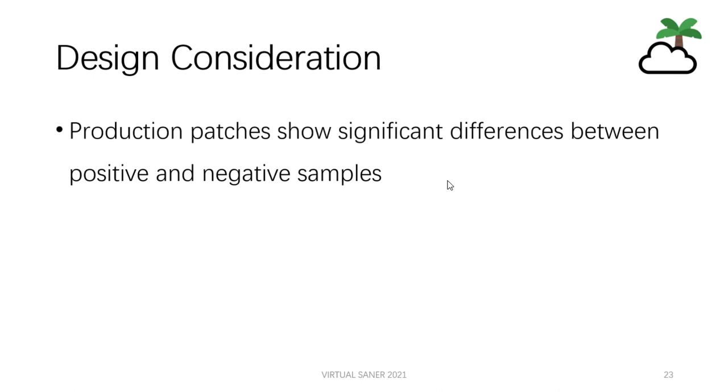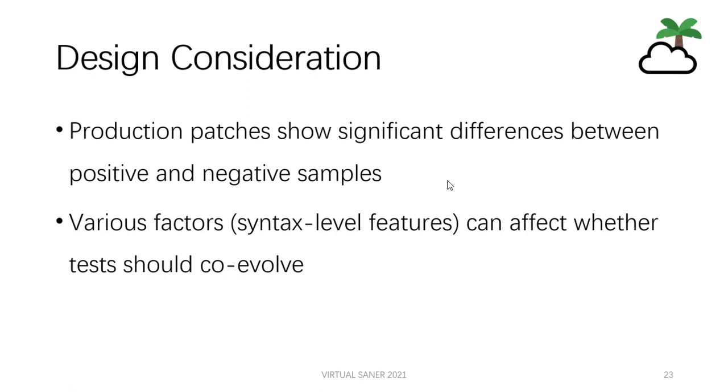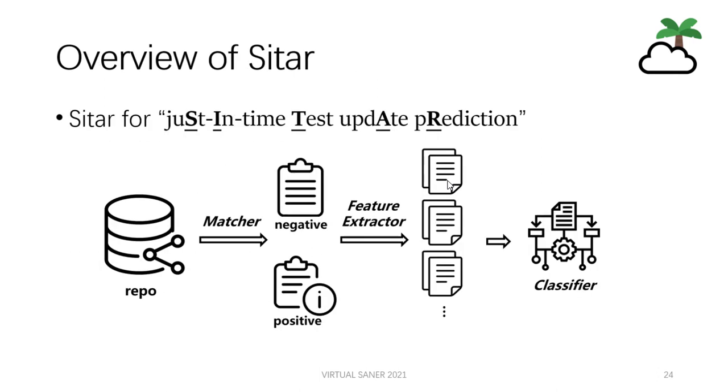For example, the production patches show significant differences between positive and negative samples, and various factors, especially the syntax level features, can affect whether the test should co-evolve. So we design a machine learning based approach called Theta for just-in-time test update prediction.